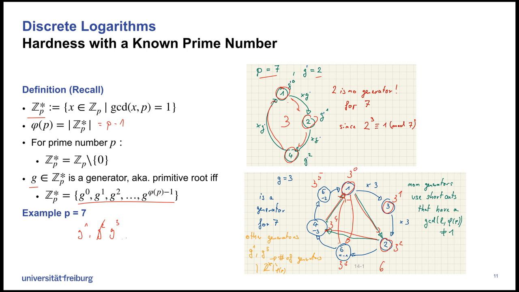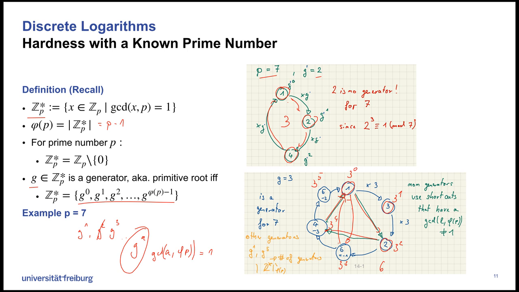So basically all numbers which are coprime with phi of P: G to the A, if the greatest common divisor of A and phi of P is 1, then this is a generator as well. That's how we can get more generators.